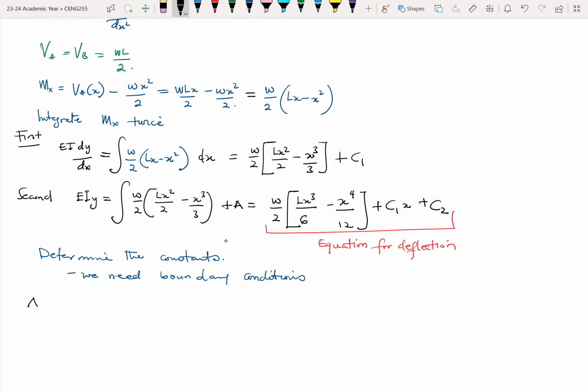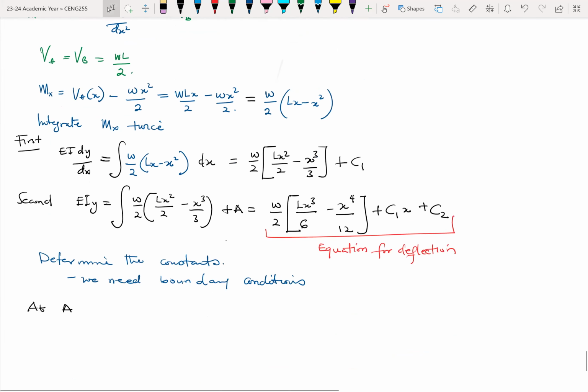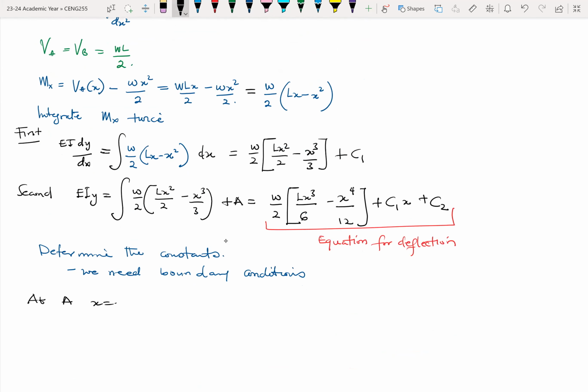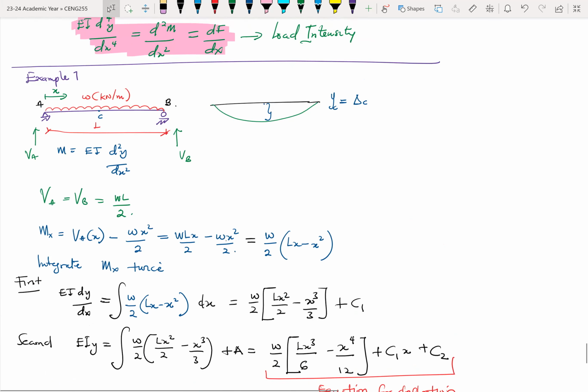So at support A, x starts from A towards B. So x is 0, and then your y is 0. Y here is the deflection. If you come at A over here, your delta at A is 0. So the Y at A is 0 because there's no deflection at the support A. A pin support cannot deflect.